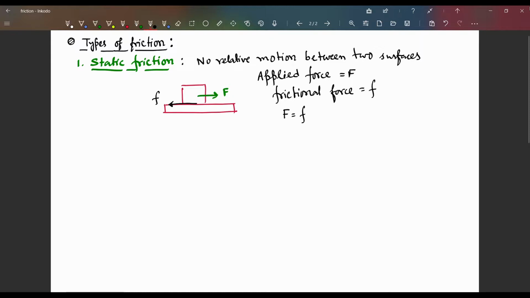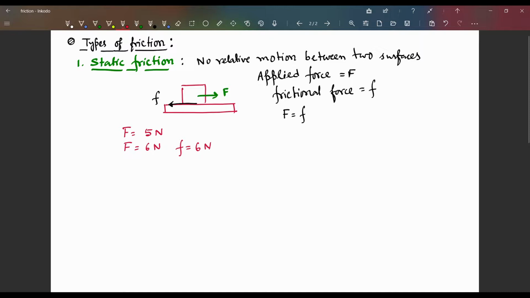Suppose we apply F equal to 5 Newton, then the body is at rest. We increase the force to F equal to 6 Newton, again the body is at rest. Then at that condition the frictional force is also 6 Newton.